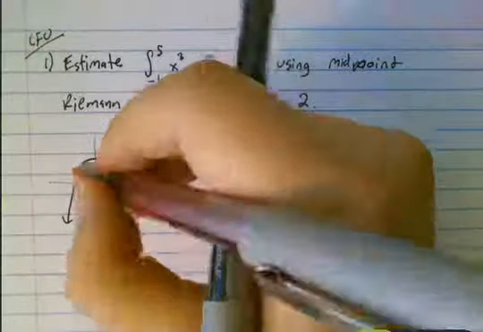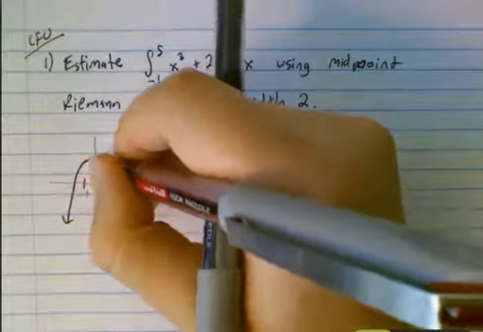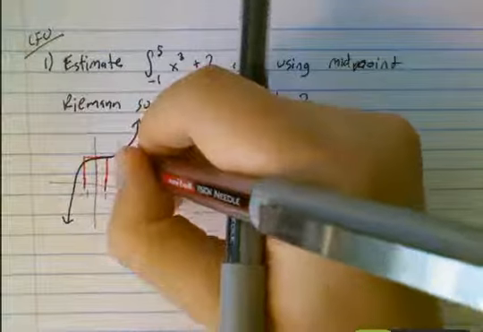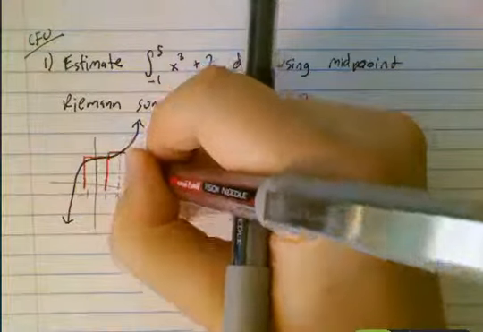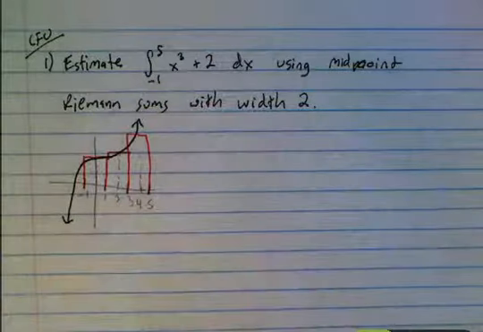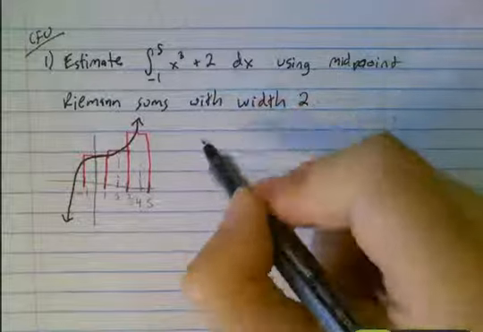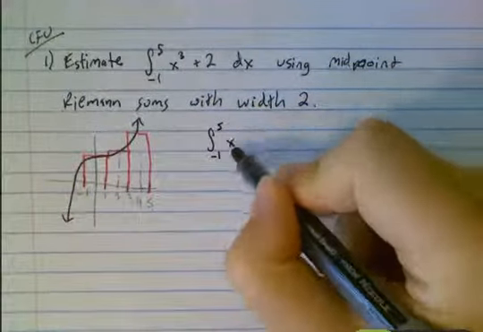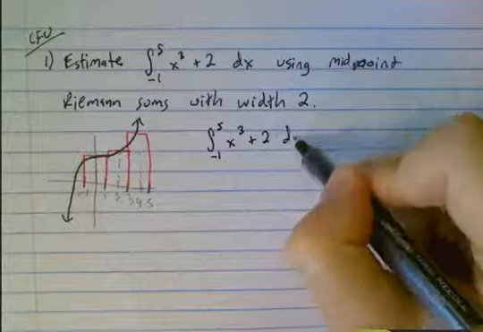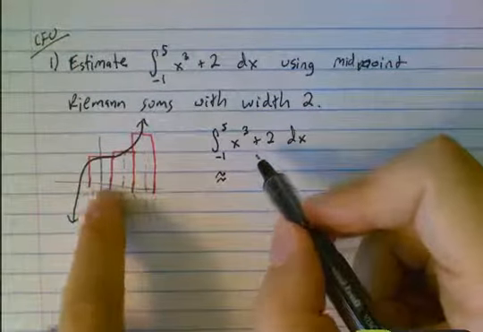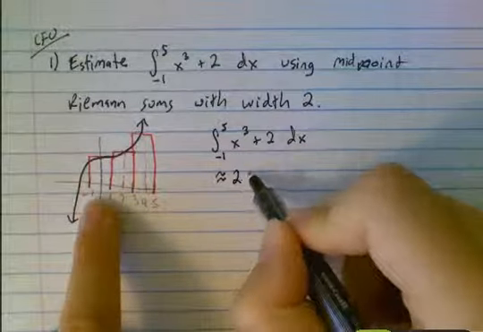If we're doing a midpoint sum, that means we go up to the midpoint. So that means that to estimate the integral from negative 1 to 5 of x cubed plus 2 dx, that's going to approximately equal, let's see, the width here is 2.